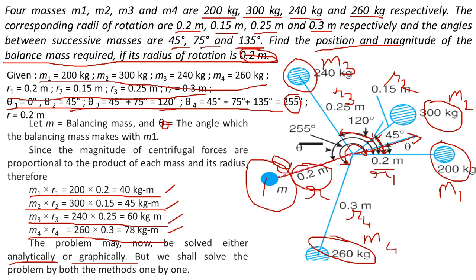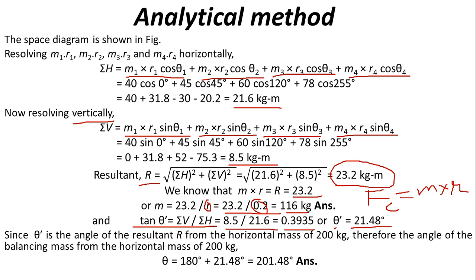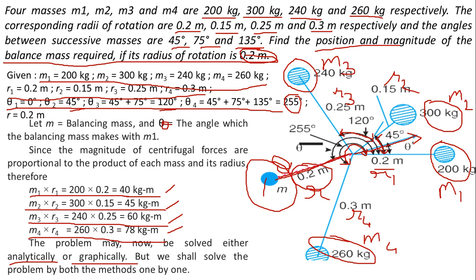So whatever is here will be there, and this will be the angle theta. Theta will be nothing but an extra 180 degrees added to the angle theta dash. Whatever you get here is to be taken in this plane or quadrant. So theta will be 180 degrees plus 21.48, because you are just extending this line.